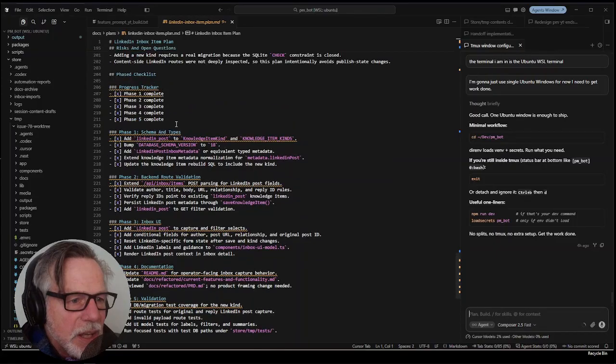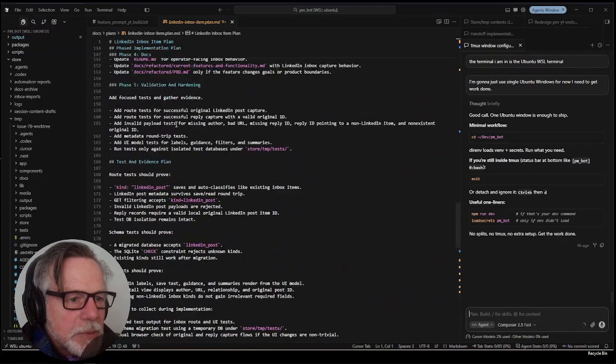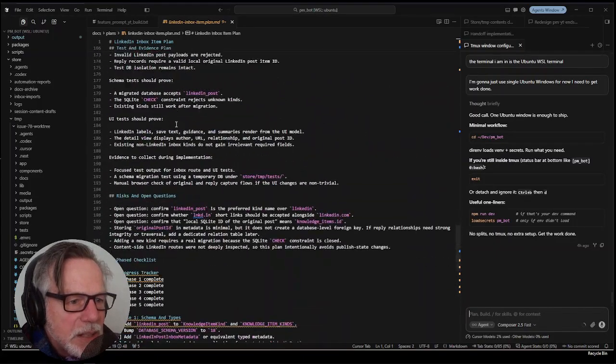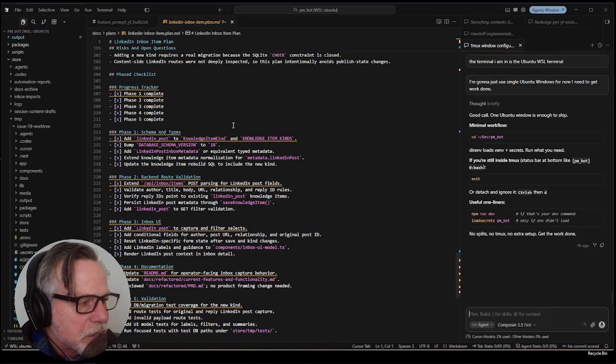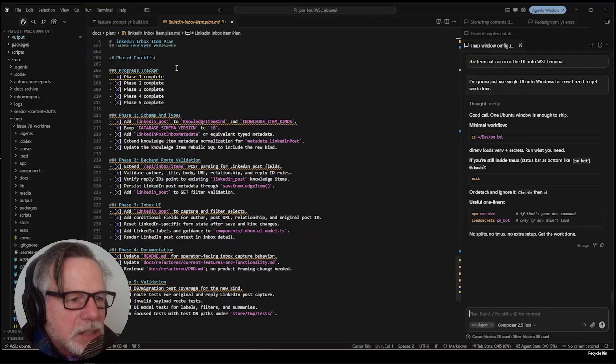So this is a development plan for a LinkedIn module that I was plugging into my content generation machine, and here is the progress or the phase checklist. This is the development process broken up into chunks, and each chunk is worked through one at a time.